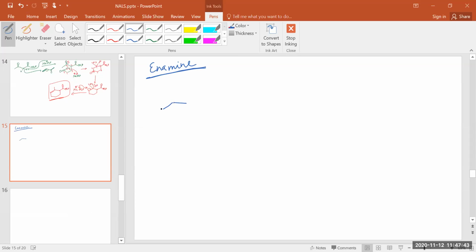If you have a ketone and you react with a secondary amine, let's say this cyclic amine, what will happen? This will be like this. So after proton exchange, this will be like this.